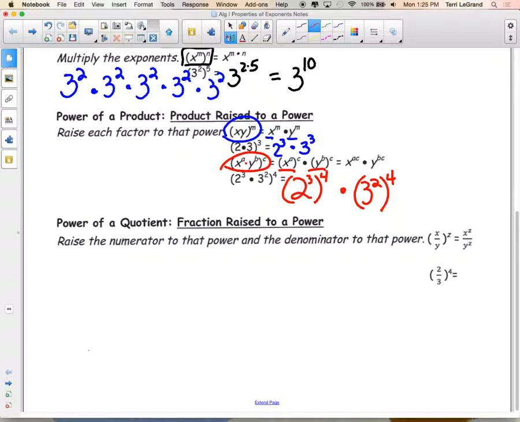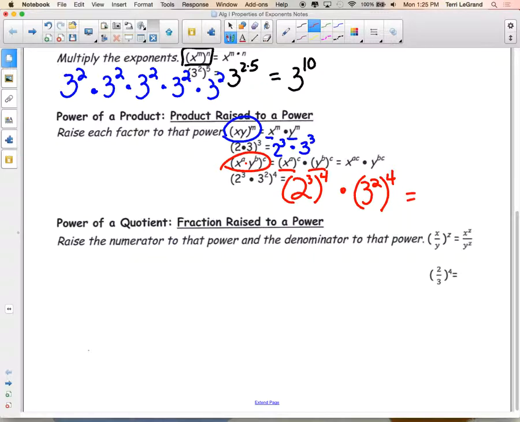But are we done? No. What property do we have to apply now? Power to a power. 2 to the third power raised to the fourth power. What do we do with those powers? Multiply them.